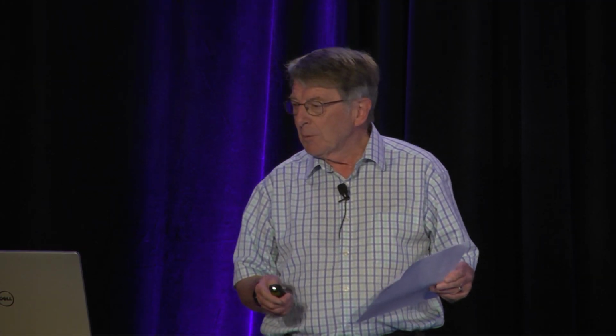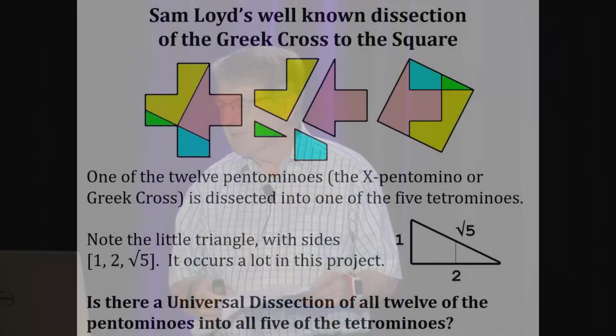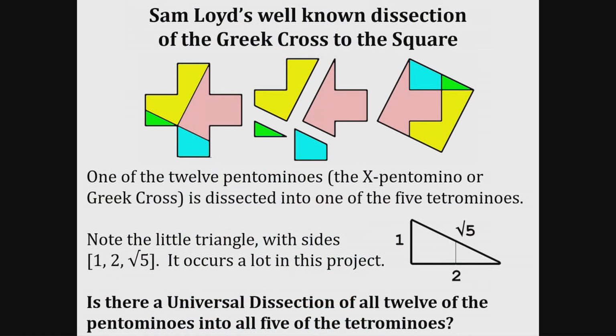So we're going to start with the famous dissection of the Greek cross into a square by Sam Loyd. What I want you to notice is the little triangle, which I shall call Sam Loyd's triangle. Its sides are 1 and 2, and of course root 5.